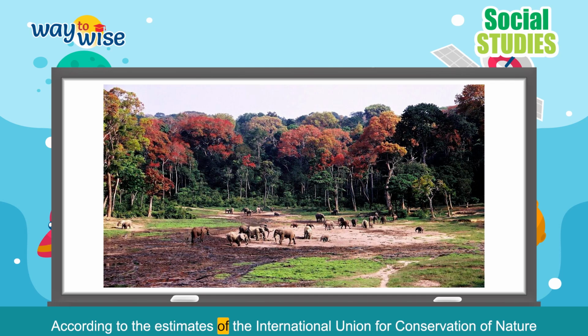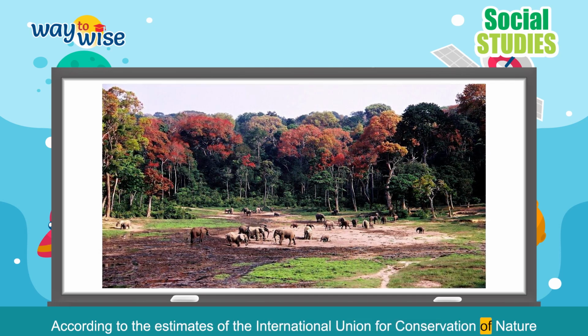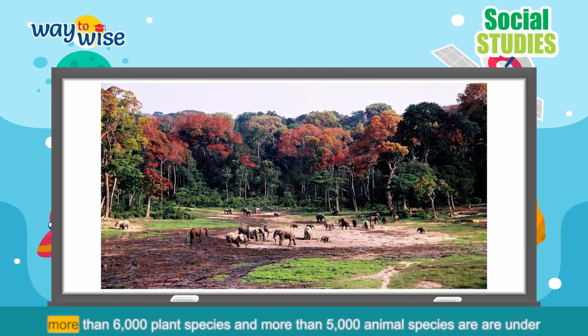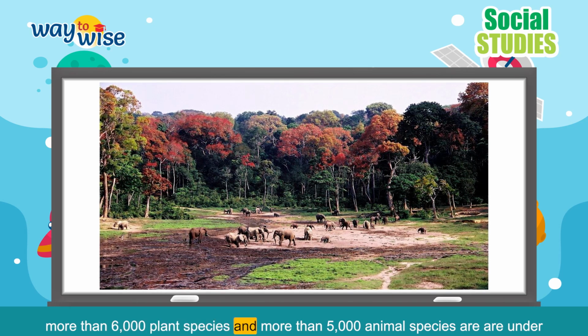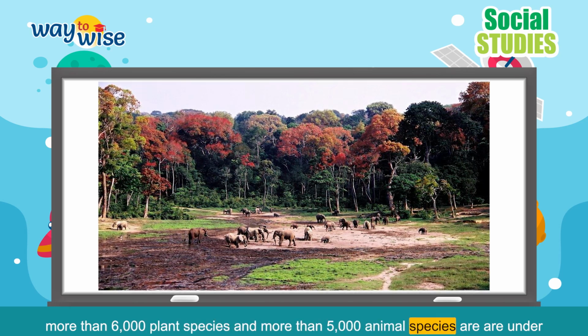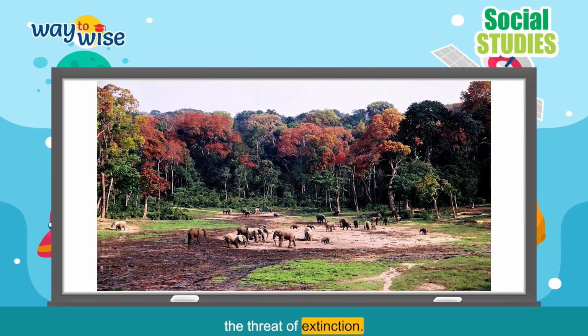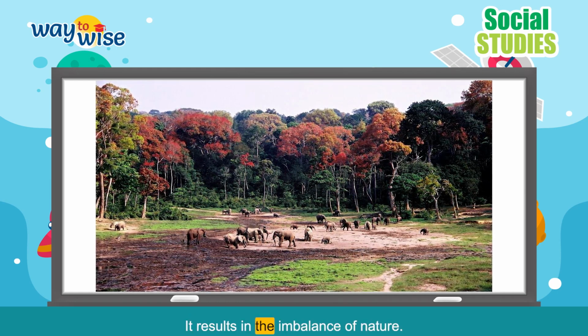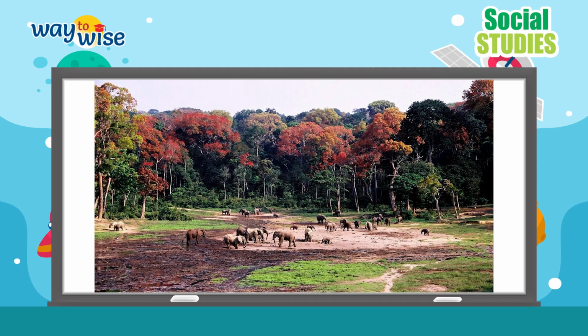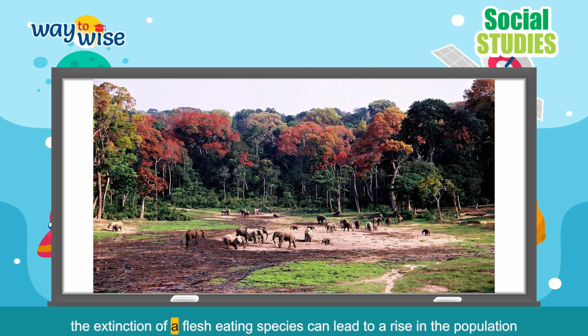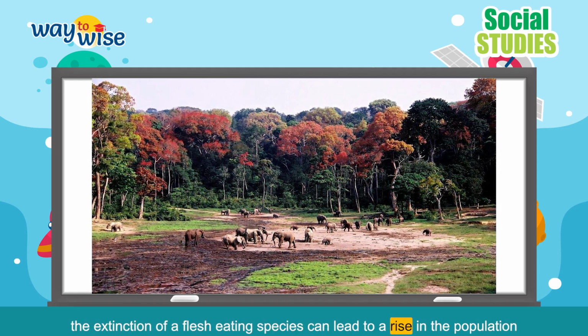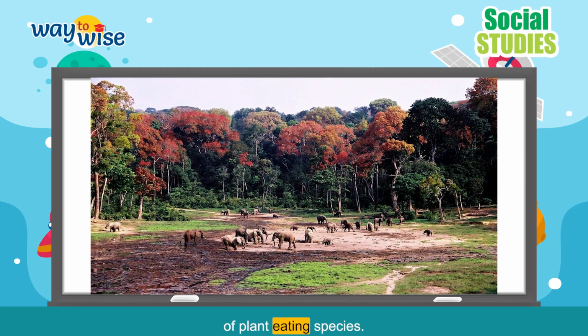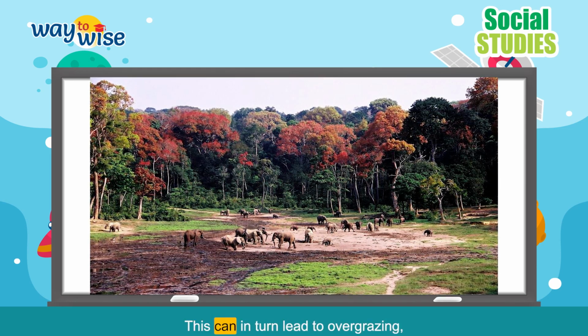According to the estimates of the International Union for Conservation of Nature, IUCN, more than 6,000 plant species and more than 5,000 animal species are under the threat of extinction. It results in the imbalance of nature. For example, the extinction of a flesh-eating species can lead to a rise in the population of plant-eating species. This can in turn lead to overgrazing, drought and soil erosion.